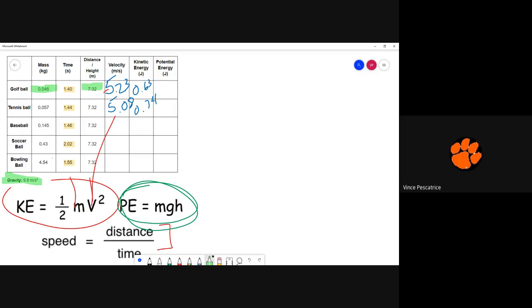Now, the height is going to be the same thing as the distance, because that was the height of the bridge that we jumped off, or we threw the ball off of. So next, we multiply these all together. So mass times gravity times height. So we have the mass of the ball, which is 0.046 times gravity, which is 9.8, times the height, which is 7.32.